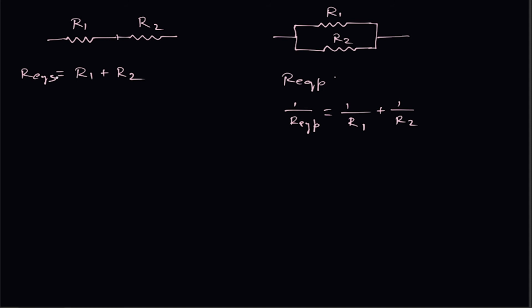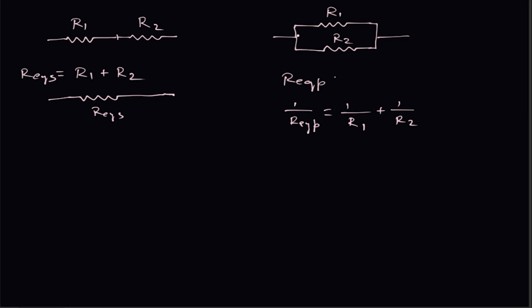So R EQS is equal to R1 plus R2. So these two resistances can be replaced by this R EQS, which is the sum of these two. So R EQS is bigger than both R1 and R2.